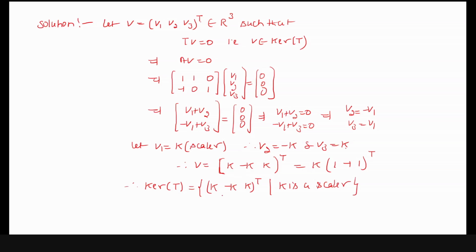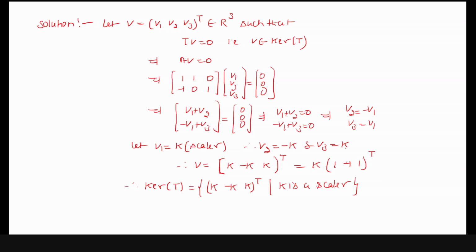So this set is your kernel, and what is the dimension of this kernel? What is the basis of the kernel here? The basis is (1, minus 1, 1), because every element of this kernel can be written as a scalar multiple of this vector (1, minus 1, 1) transpose. Got it? So this is the basis.